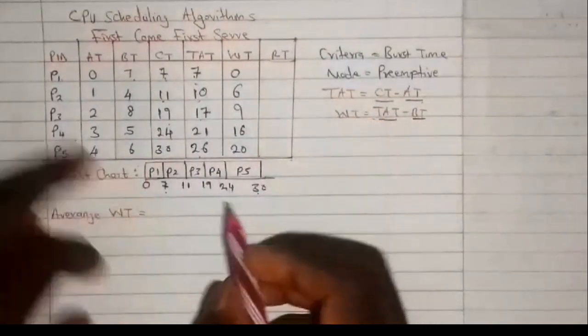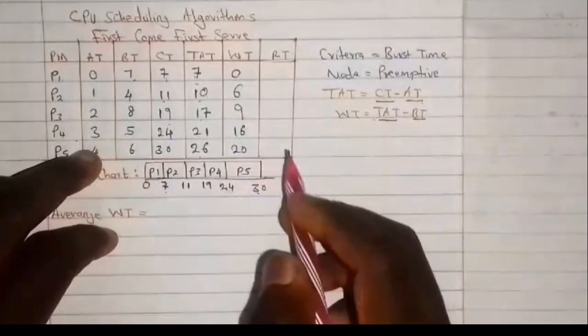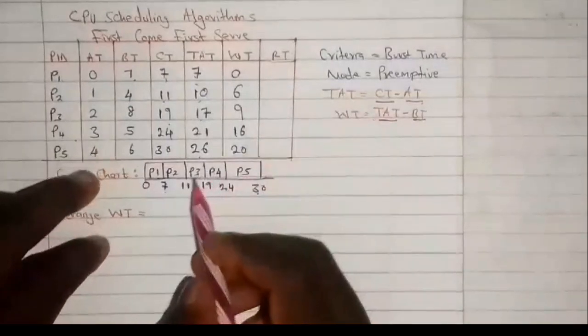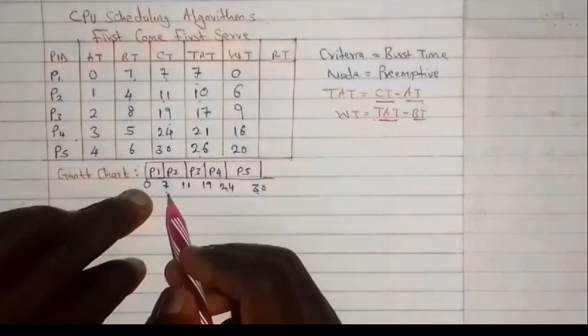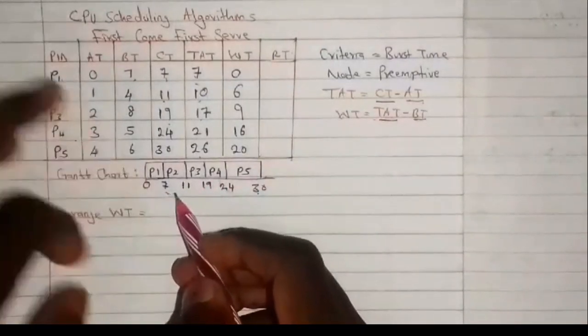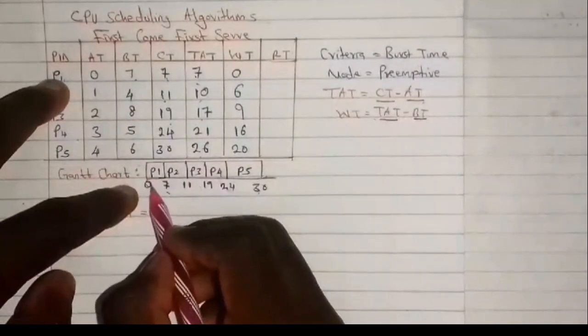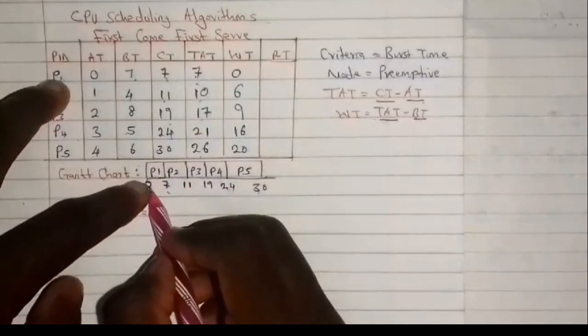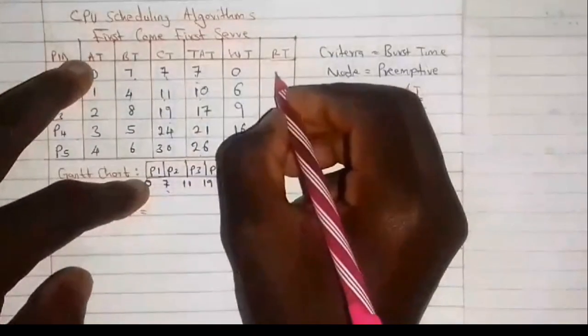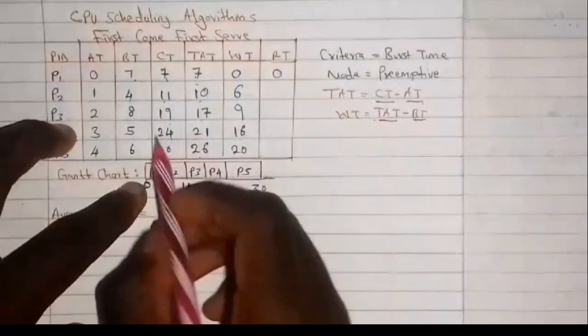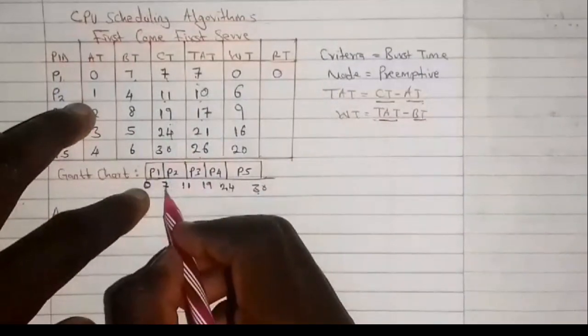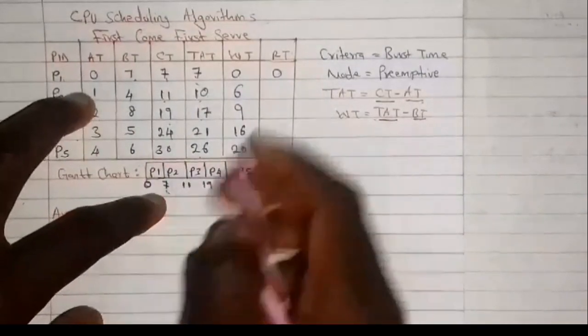Now we want to calculate the response time, and the response time is the time at which the process was first allocated to the CPU minus the arrival time. We start with P1. It was allocated to the CPU at time 0. So 0 minus the arrival time, which is 0, is 0. And then P2 got to the CPU at 7. 7 minus 1, we get 6.